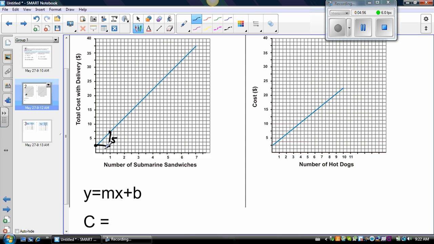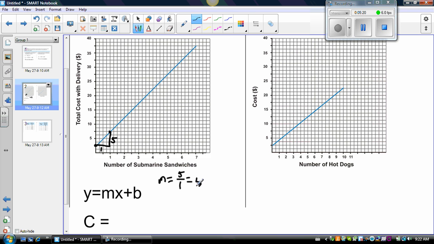The run is 1 minus 0, so the run is 1. So the slope, the m value, which is the rate of change, is equal to rise over run, which in this case is 5 over 1, which is equal to 5.